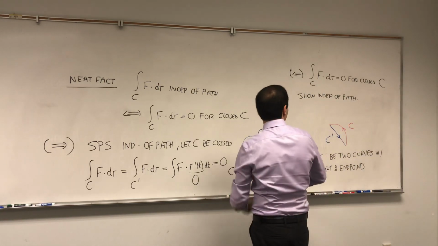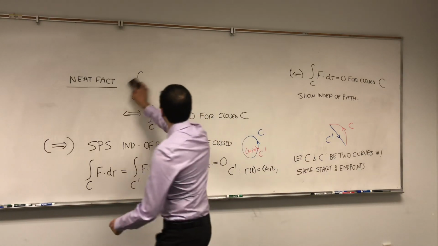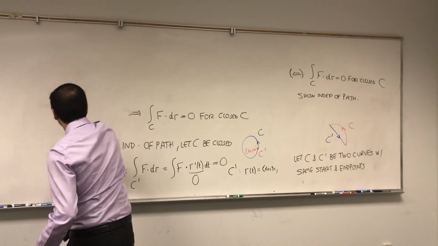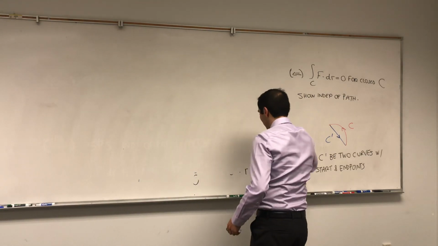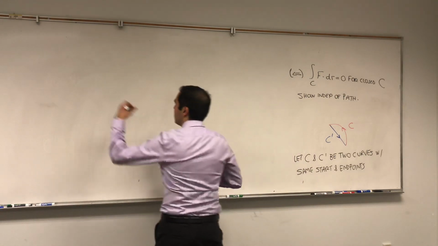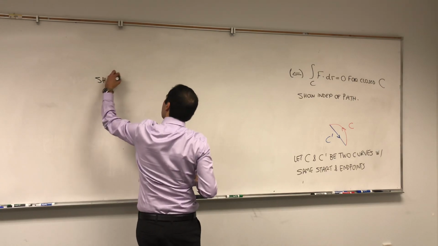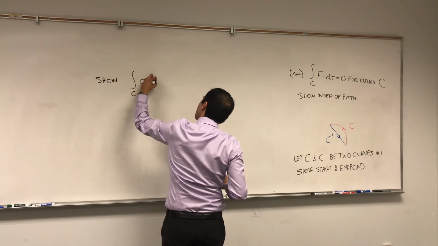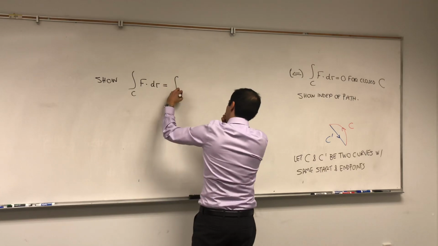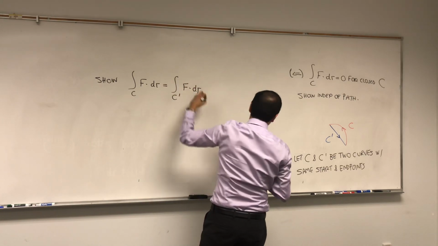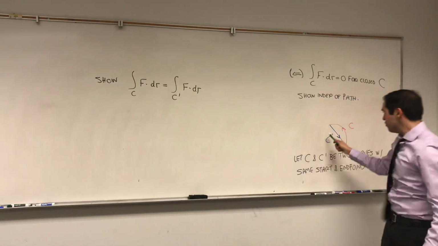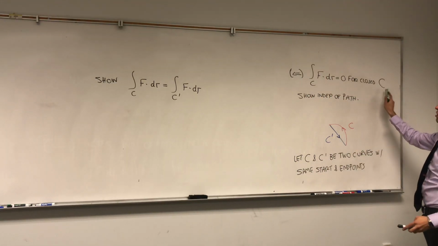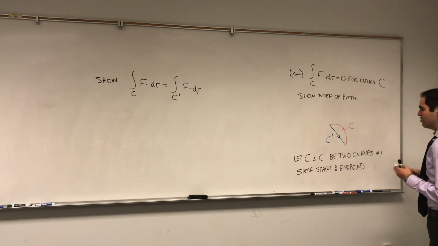And you want to show that the line integral of f with respect to C is the same thing as the line integral of f with respect to C prime, equals the line integral over C prime of f dotted with dr. Well, the question is, given those two curves, how can we form a closed loop? Because you want to use this fact.